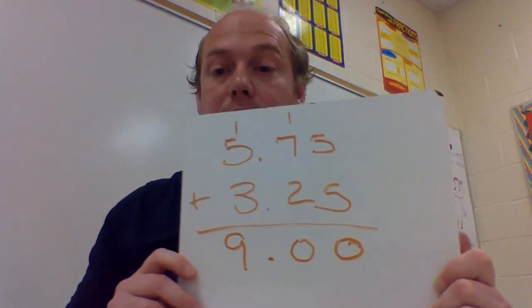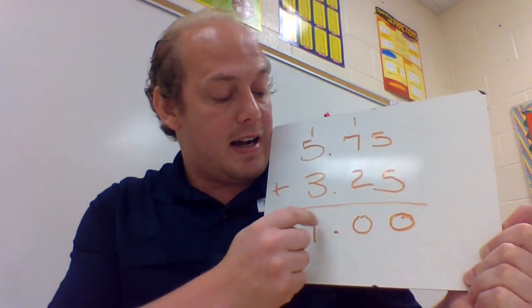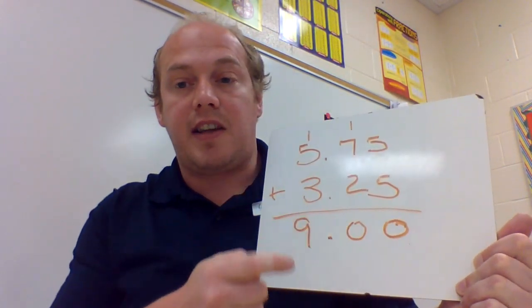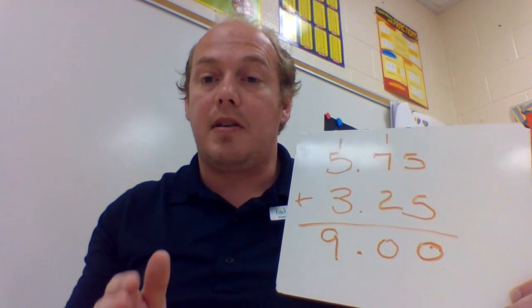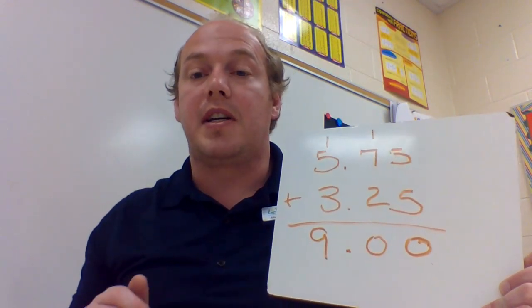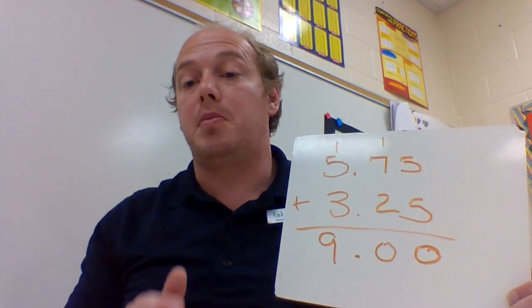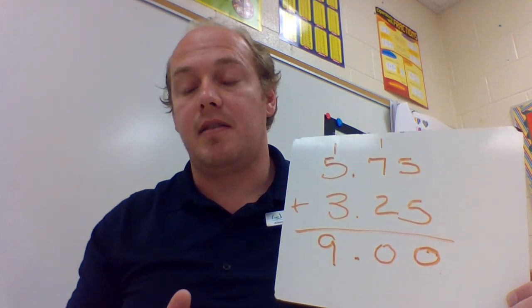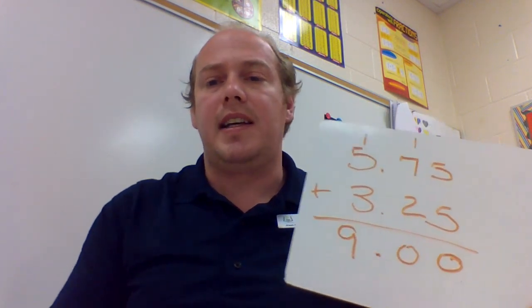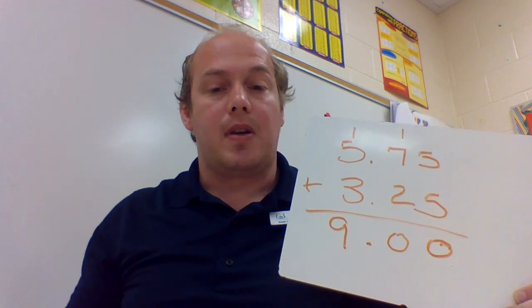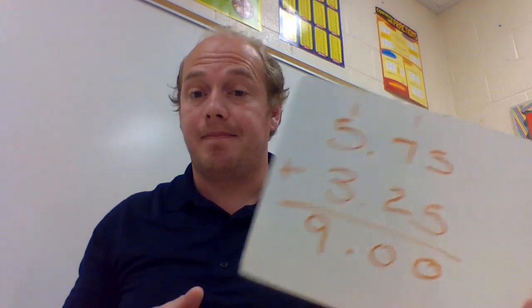So, $5.75 plus $3.25 is $9. We just figured that out. And later this week or next week, we'll look at word problems using money, which is really why we learn money.